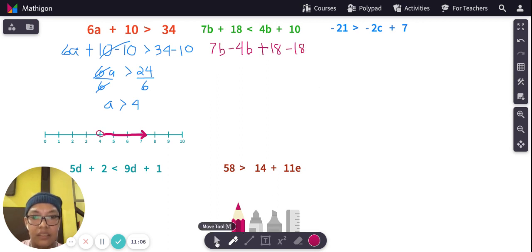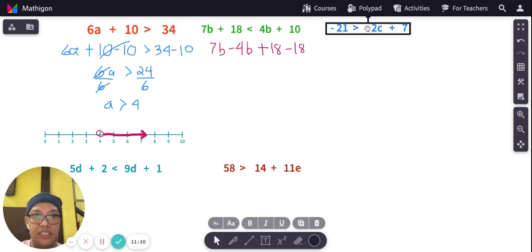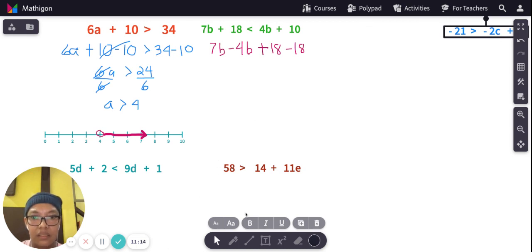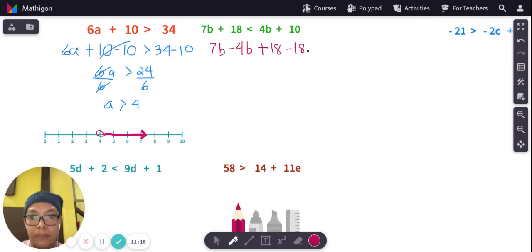Okay. So this is 4B. I subtracted 4B there because to cancel 4B here, you will subtract 4B. Right? So this is 0.